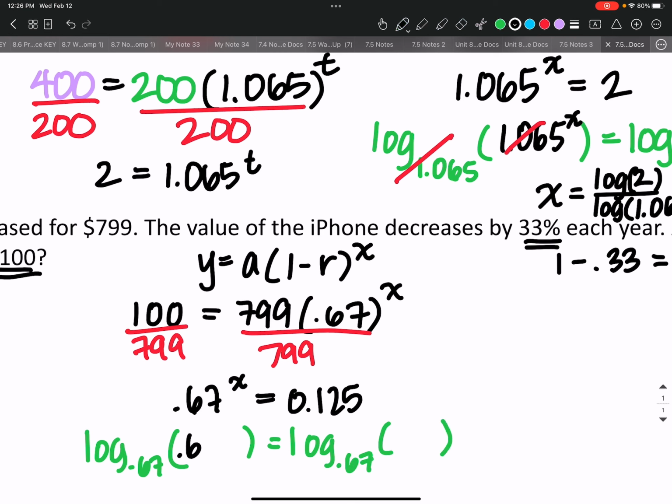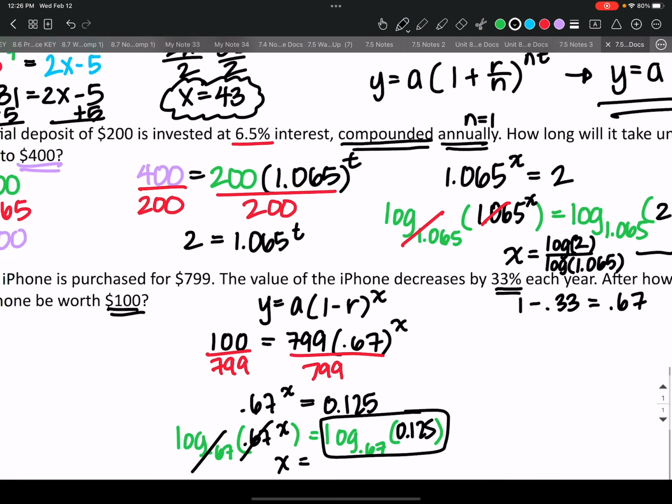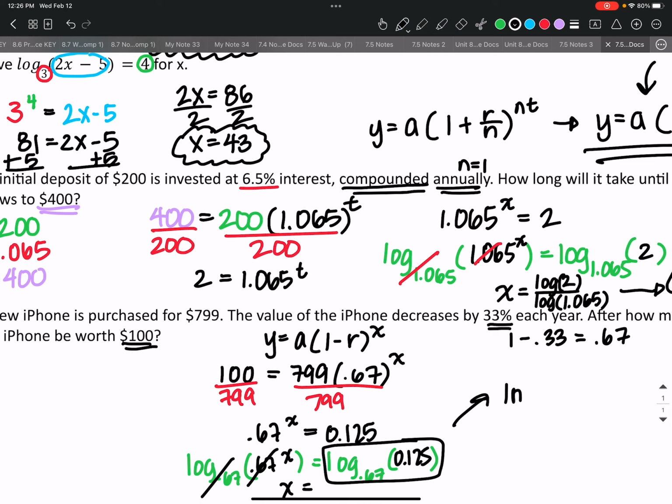This is 0.67 to the x power. This crosses out and this crosses out. I'm left with just x is equal to this. I put this in my calculator by doing ln of 0.125 over ln of 0.67, and I get an answer, which is 5.19 years.